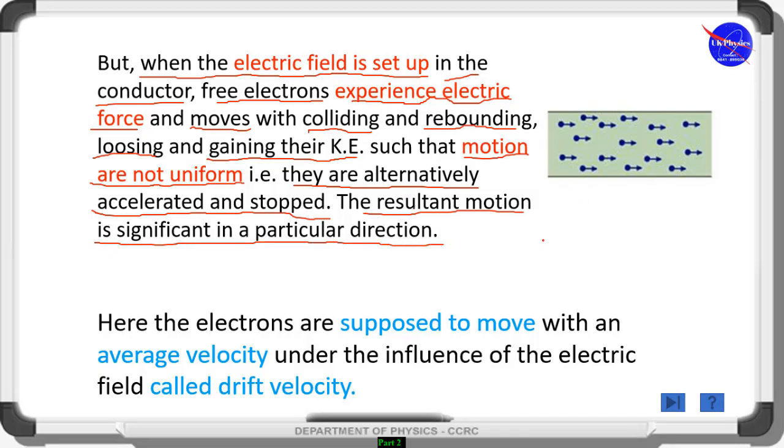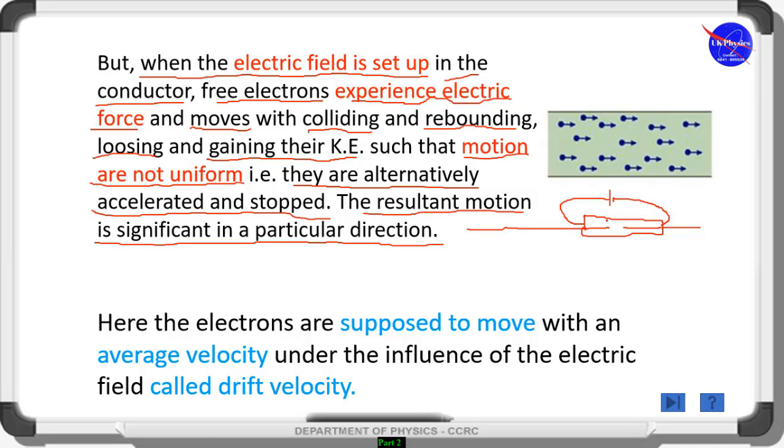That means, suppose this is a conductor, and if we supply an electric field to the conductor, there are a number of electrons flowing in these directions and some flowing in these directions, but their motion is not uniform.